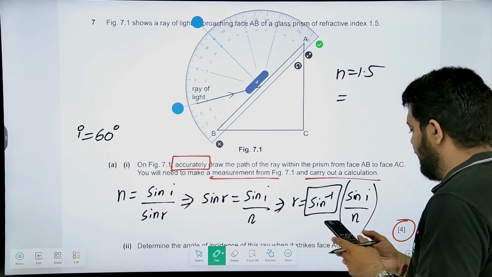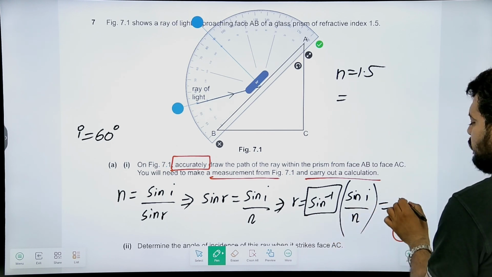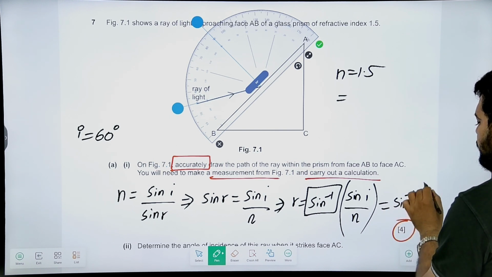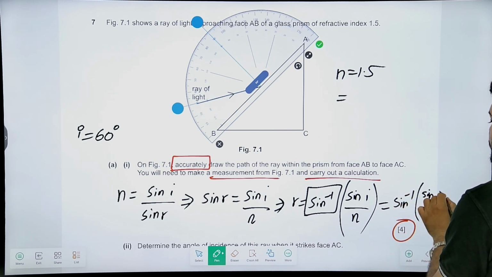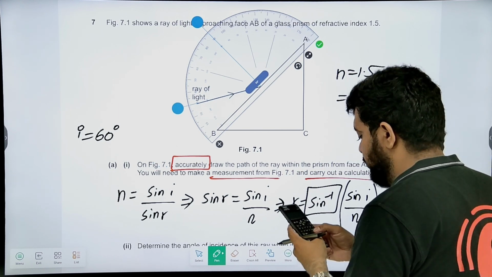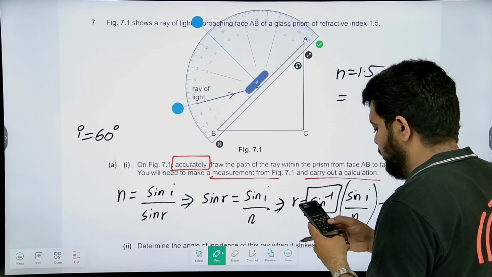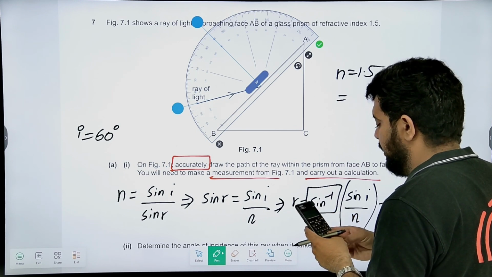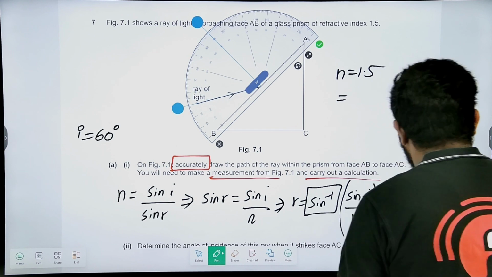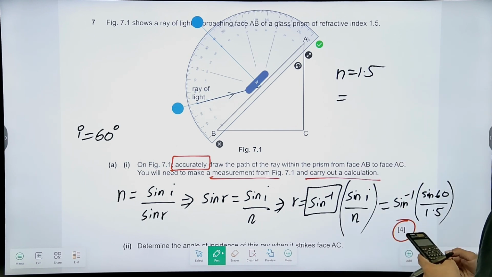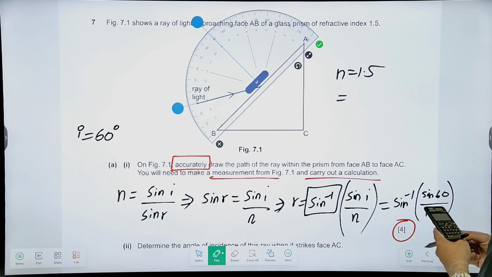Also input the values. So we have sine inverse of sine 60 upon 1.5. Okay, it is saying math error. Have I added any incorrect value? Let's see. Divide by 1.5.